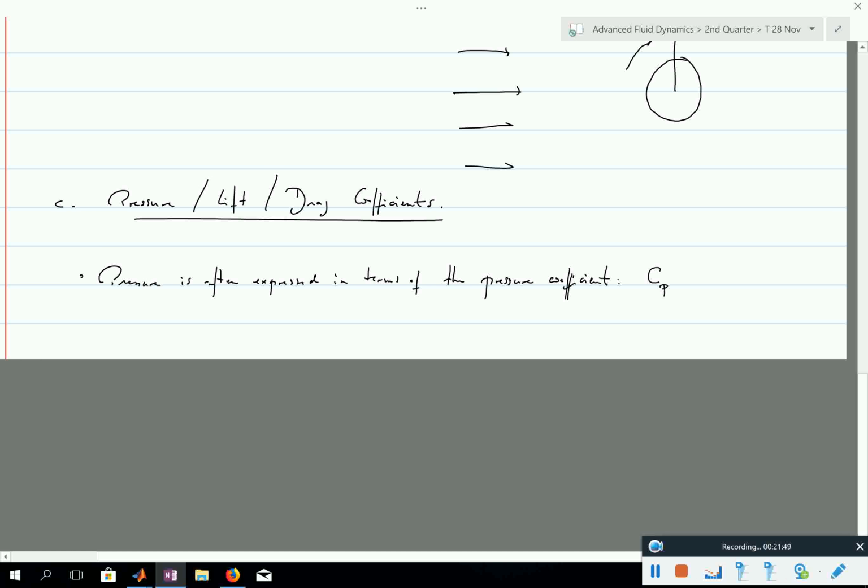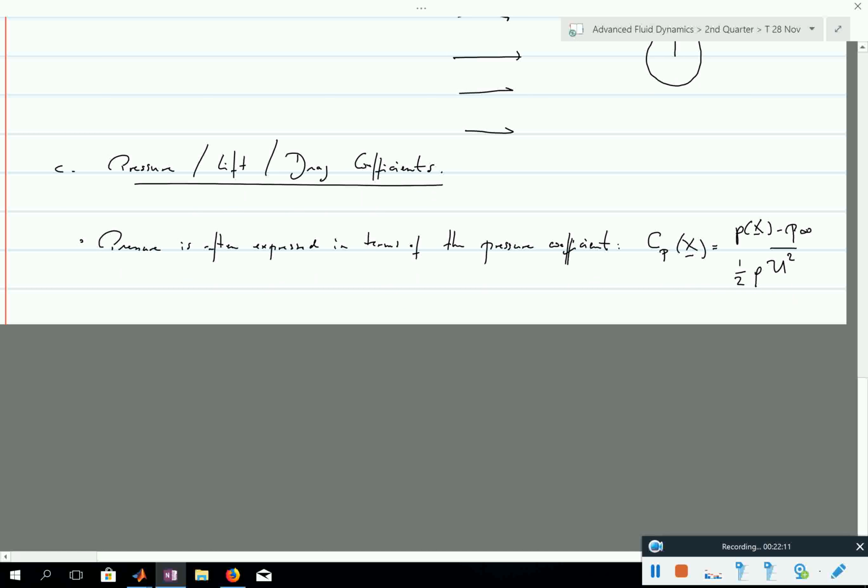At any given point, it is equal to the pressure at this point minus the pressure at infinity, divided by 1/2 rho u squared, where u is your reference velocity at infinity. This is the pressure coefficient.